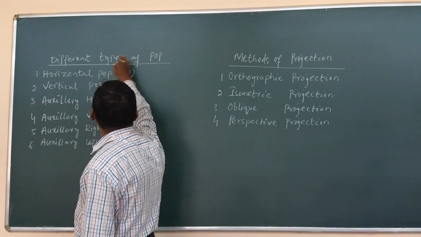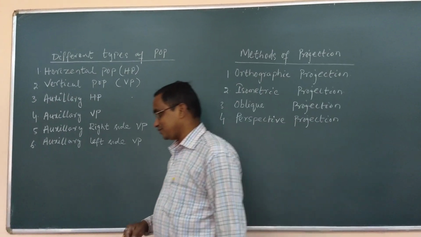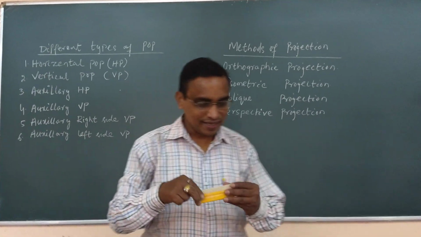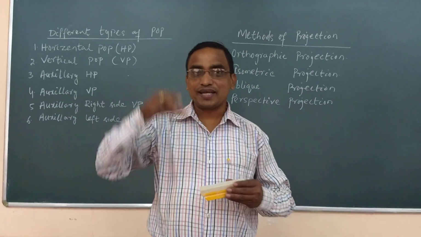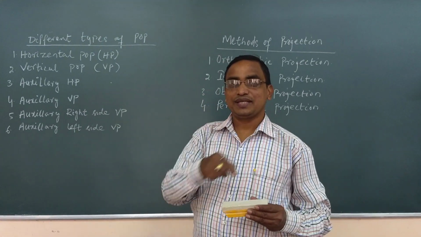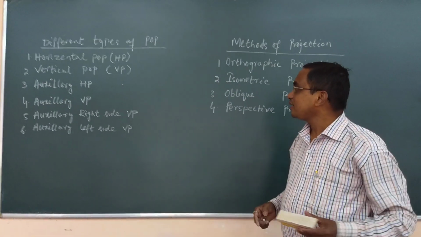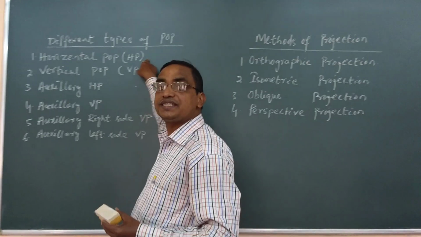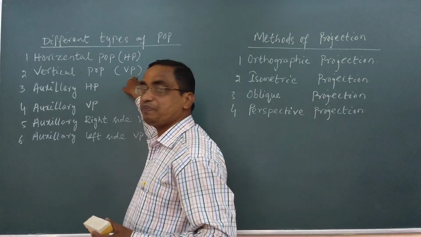What are the different types of POP, plane of projection? Just to mark, I am the observer, this is the object and this is the POP, the plane of projection, where the image is formed. Basically there are 2 types of POP, one is horizontal POP or HP, second one is vertical POP, that is VP.